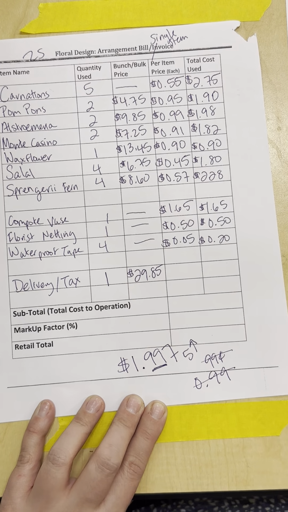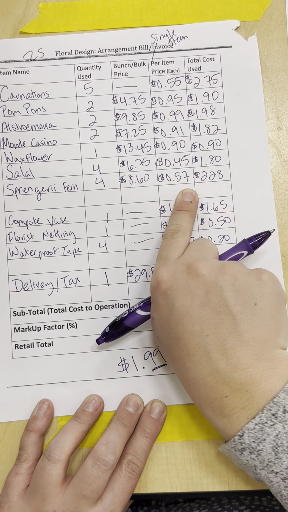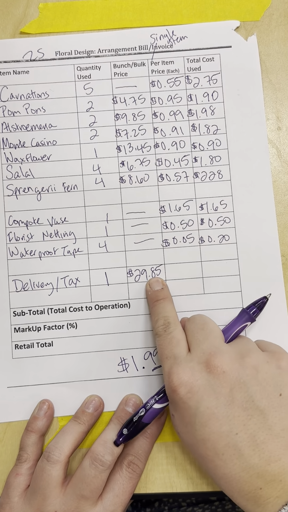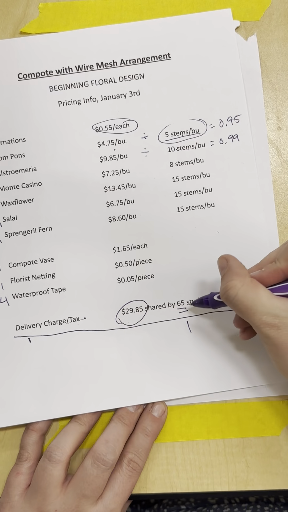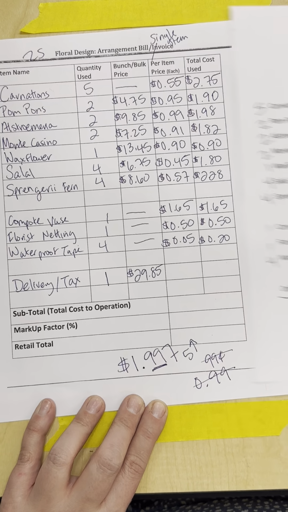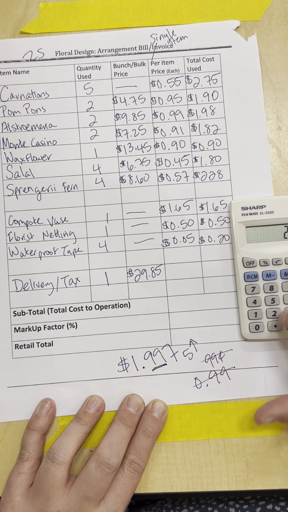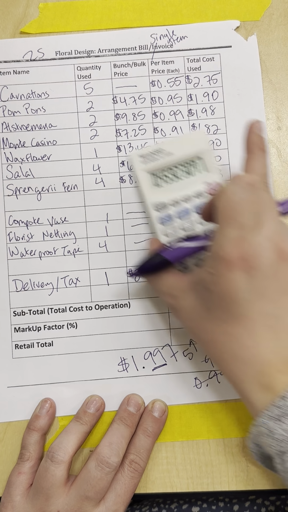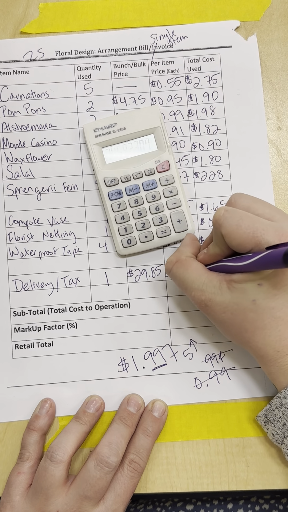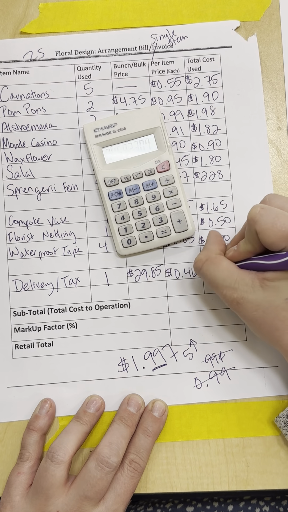And then we're gonna do the math just like we did bunch prices for flowers. It's the same math. We're gonna divide that by how many total came in the bunch, AKA how many total students are involved in sharing that cost. So I'm gonna do 29.85 divided at the current time, 65 students. Our single share of that is gonna be 46 cents.